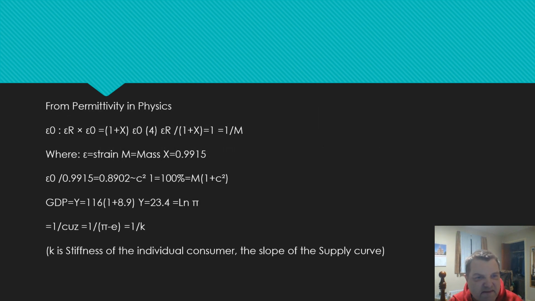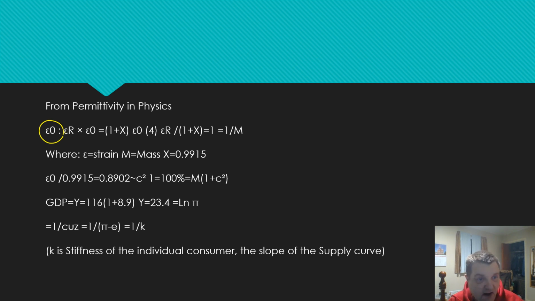So from permittivity in physics, permittivity is given by the symbol epsilon naught times epsilon r, which is equal to 1 plus chi, where epsilon is equal to strain, m is equal to mass, and x is equal to 0.9915.